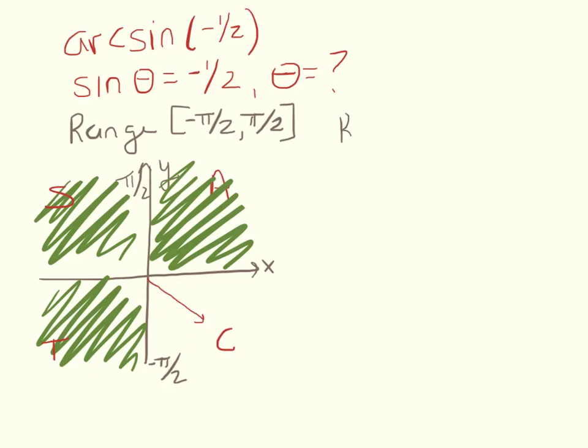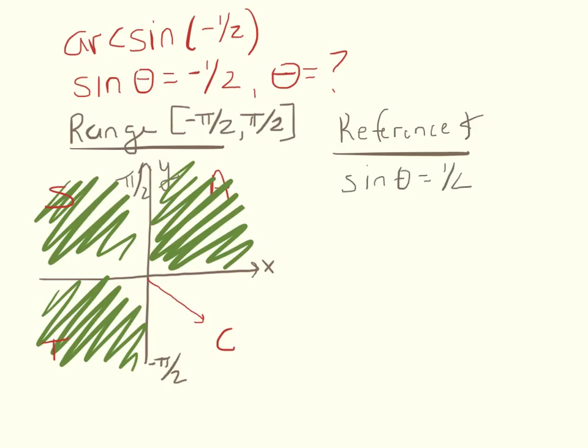Next, we take a look at our reference angle. So what angle has a sine of 1/2? Well, you know that that would have to be pi over 6. So here is our last step.